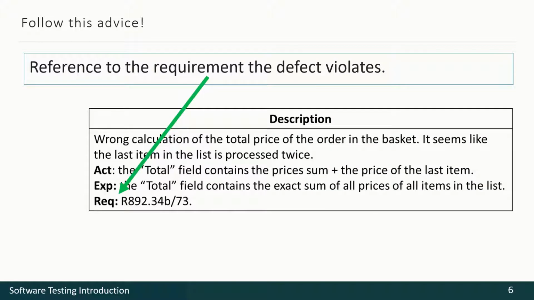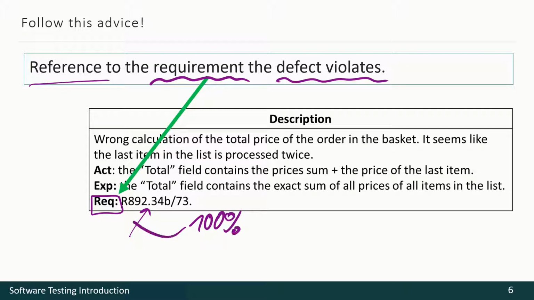This advice is rather easy to follow. Provide the reference to the requirement that the defect violates. Here we have the good example. Of course, it's impossible for 100% of defects to provide such information. There may be exceptions, but in most cases you should provide the link to the requirement.